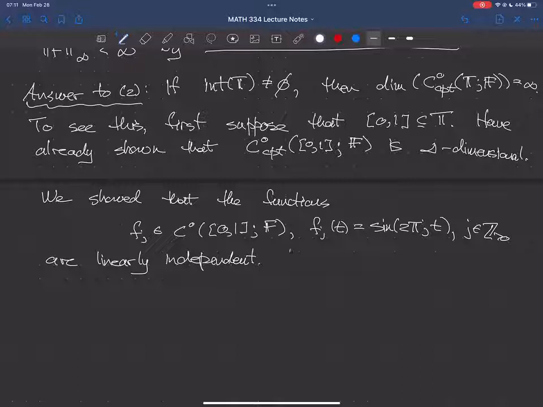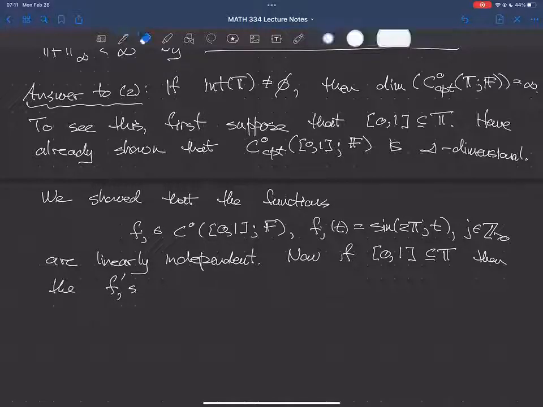Okay. So now, if the interval 0, 1 is contained in T, then the f_j extend to signals in C_0 C_p(T).